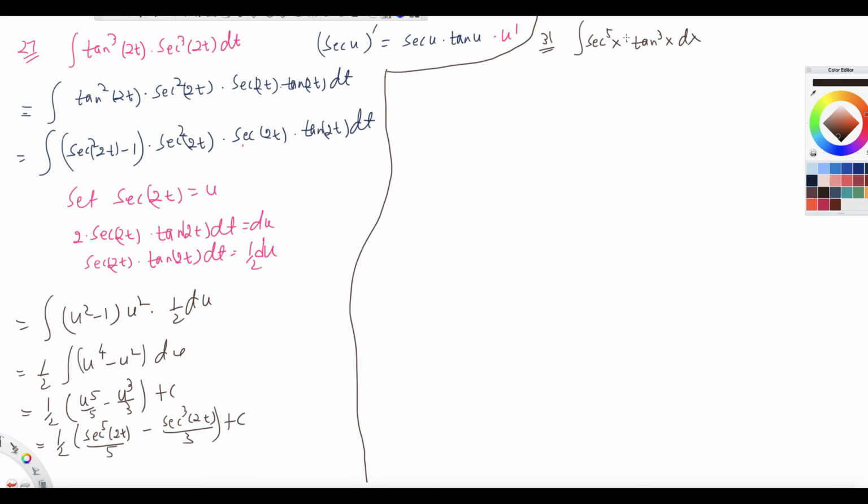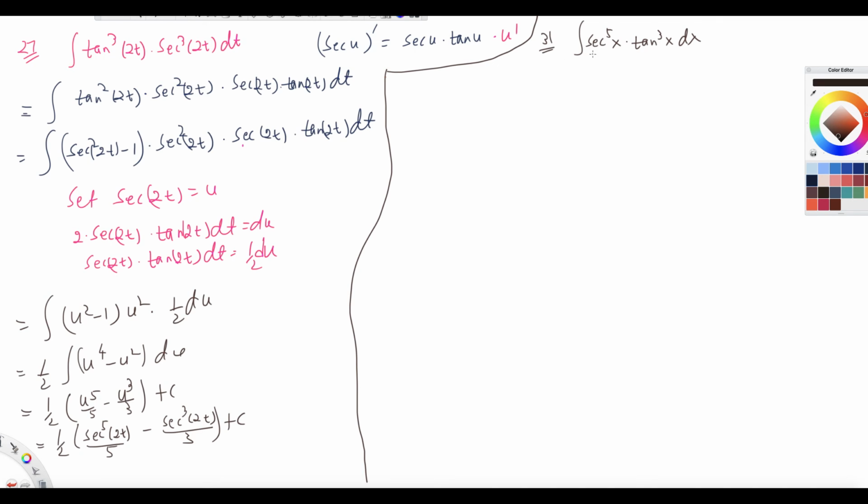Again, both of them are odd, so we need to work with the secant. When both of them are odd, you try to change into secant, and then secant tangent will be the derivative. But if both of them were even, then you would try to change into the tangent format, since the derivative of tangent is involved.